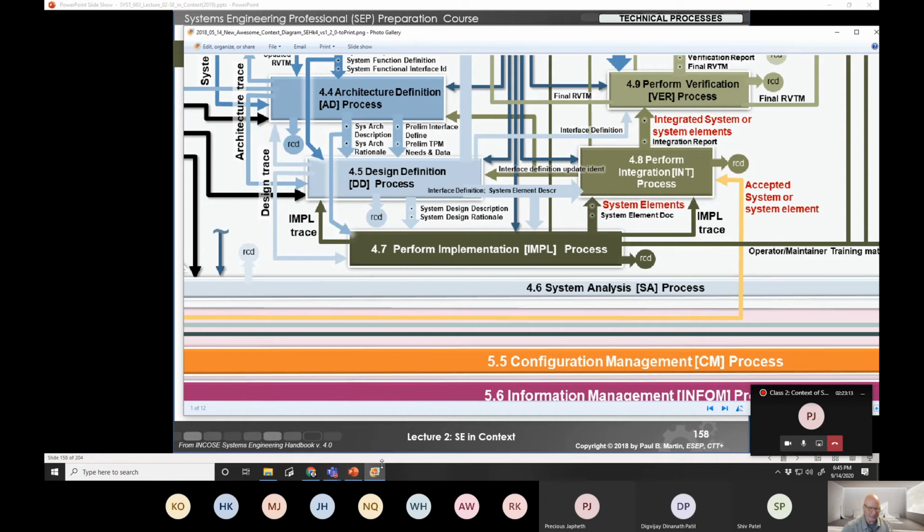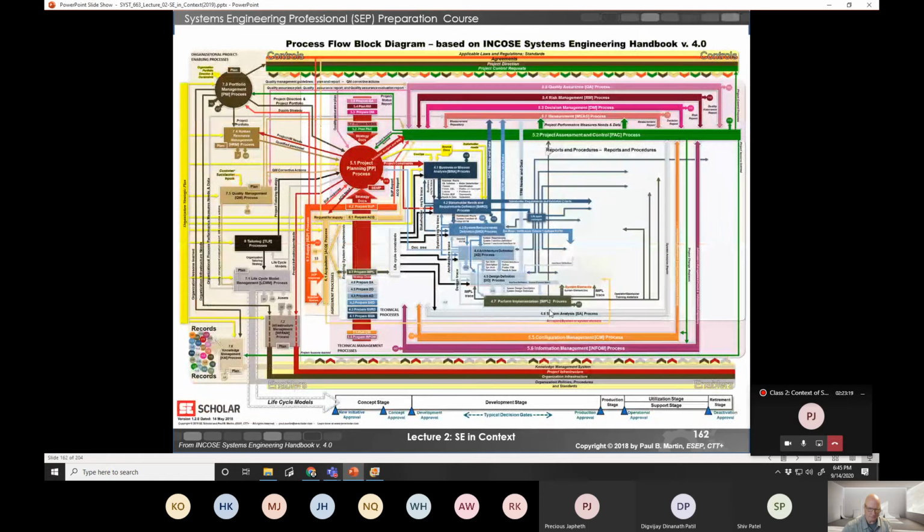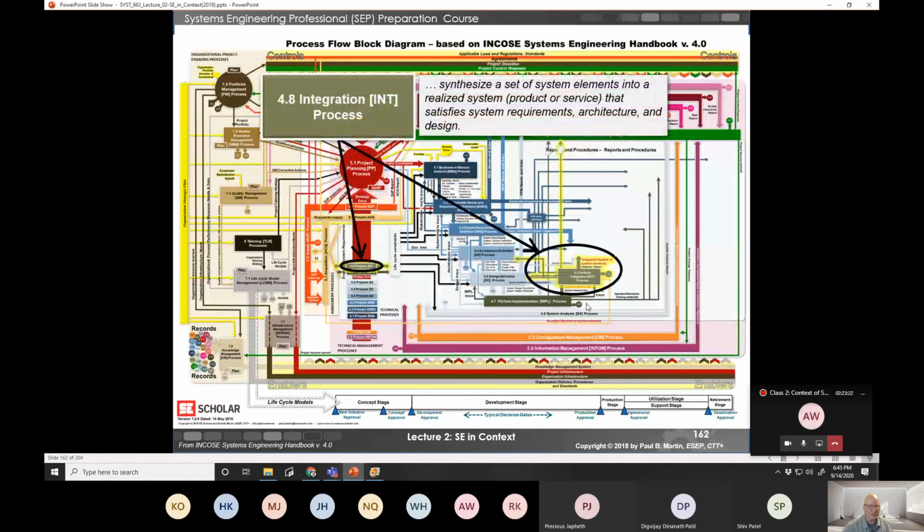And that leads you to the next process, which is your integration. And that's where you synthesize your set of system elements and actually create the system that satisfies all the requirements, architectures, and design that you did previously. So integration is creating that actual system.